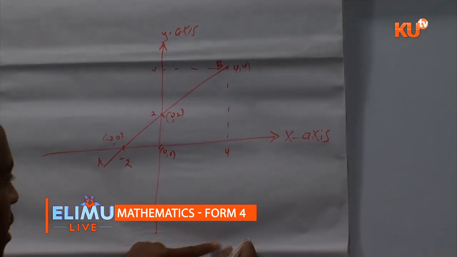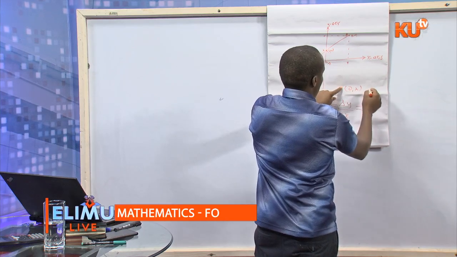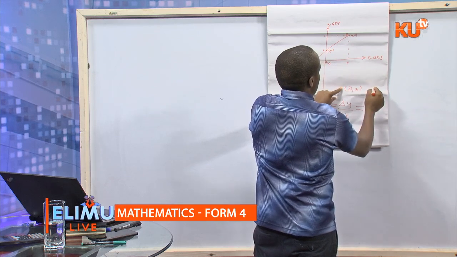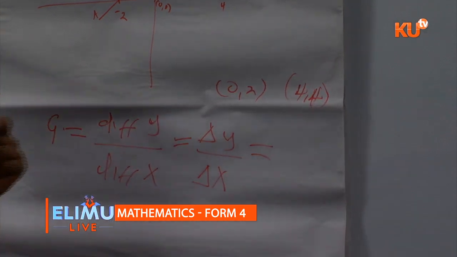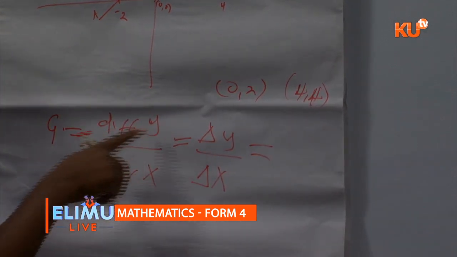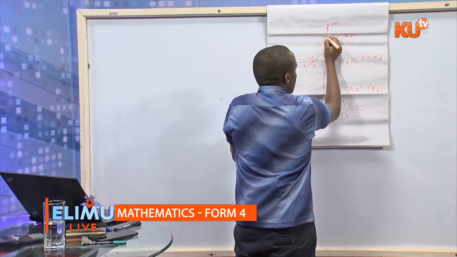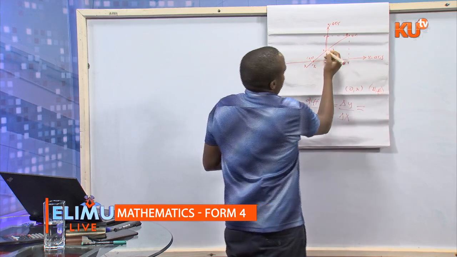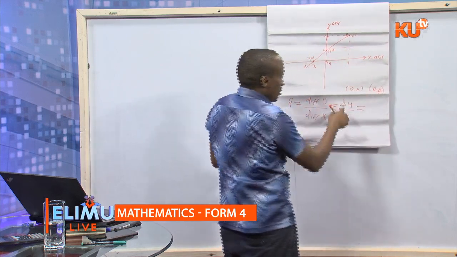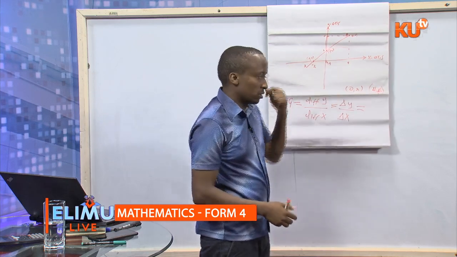So change of y, with these 2 points, 0, 2 and 4, 4. The change of y is the difference in y from this point to here, over the change of x from this point to here, noted as change of y over change of x.